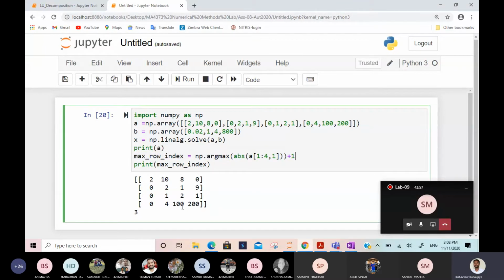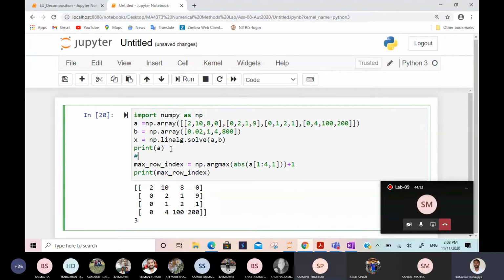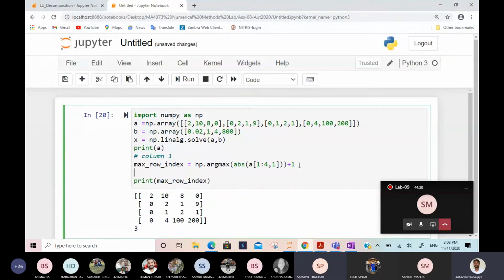For example, if we are doing this, can you tell me what to write here for column number 3? So this is plus 2. This is for column number 1. Now if I want to write for column number 2, what change do I have to make?